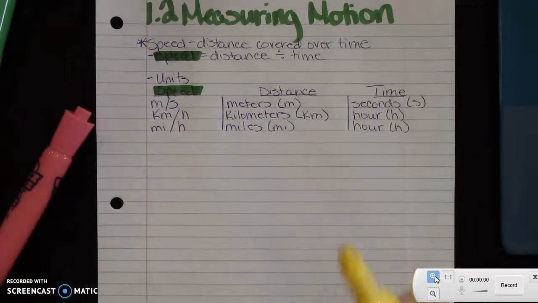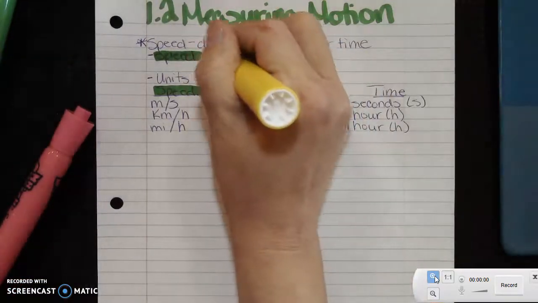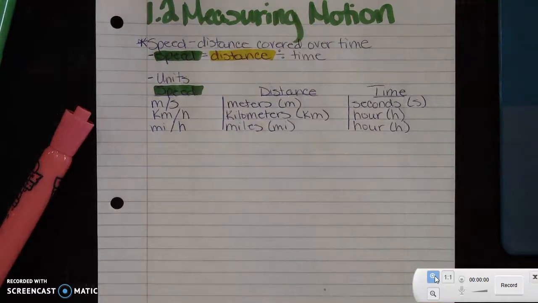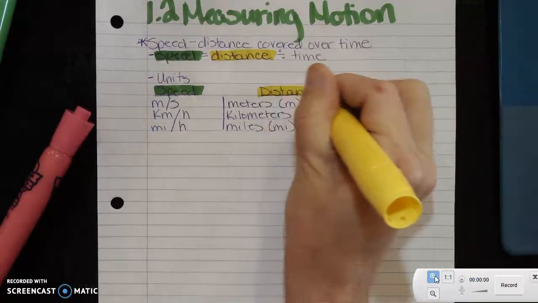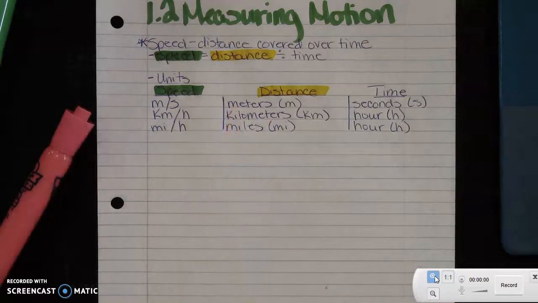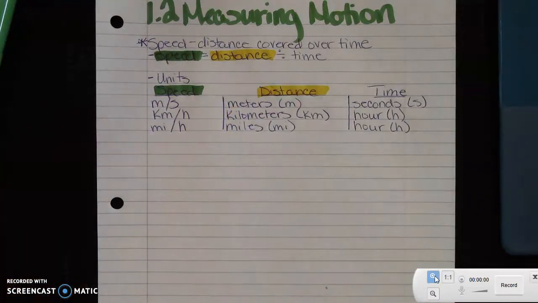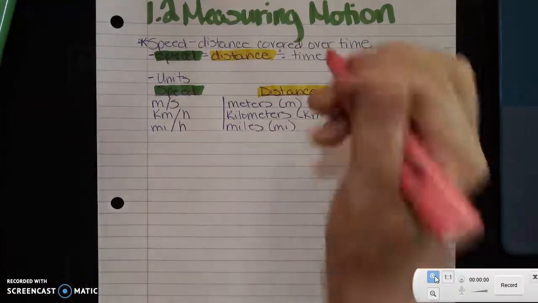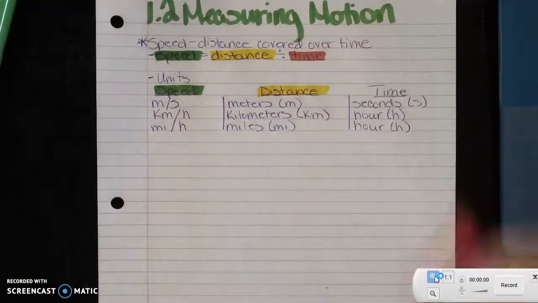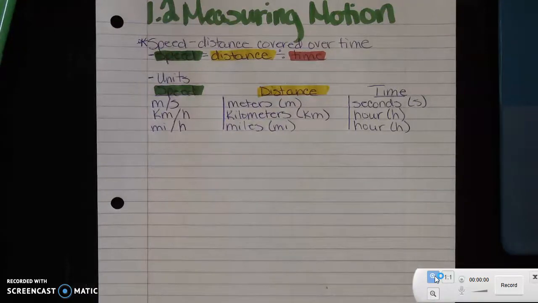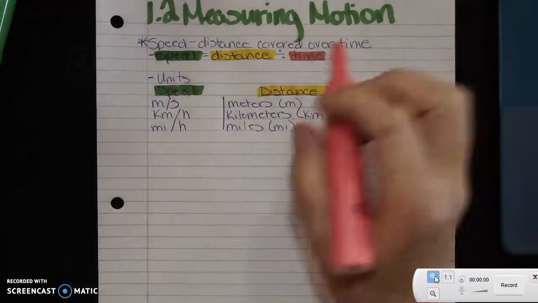I'm going to grab yellow and highlight distance. If a problem is talking to me about a distance, 10 meters, 20 kilometers, 50 miles, I'm going to look for some type of unit that's like this. And then lastly, time. I'm highlighting that in pink in our equation.